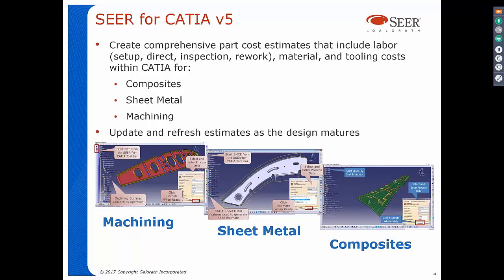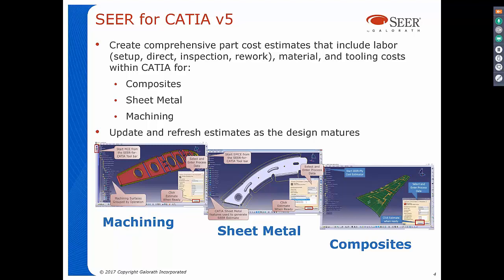There are currently 3 interfaces inside of CATIA. We have one for composites, one for sheet metal, and one for machining. The interfaces essentially automate the extraction of all the CAD model data and the geometry to build a detailed SEER for Manufacturing cost model, and it's all done within seconds, and you're going to see that when Dan demonstrates shortly.